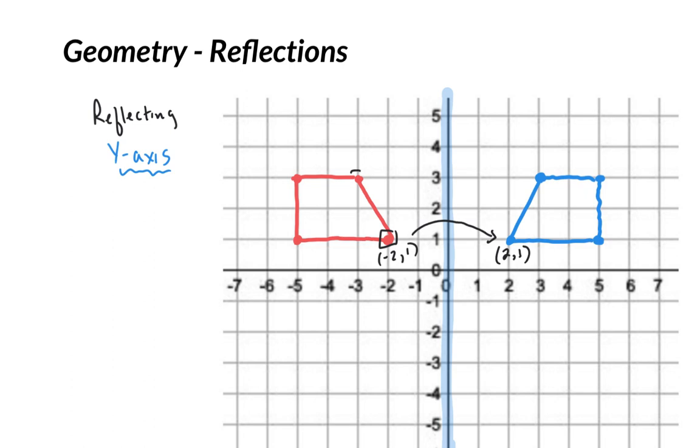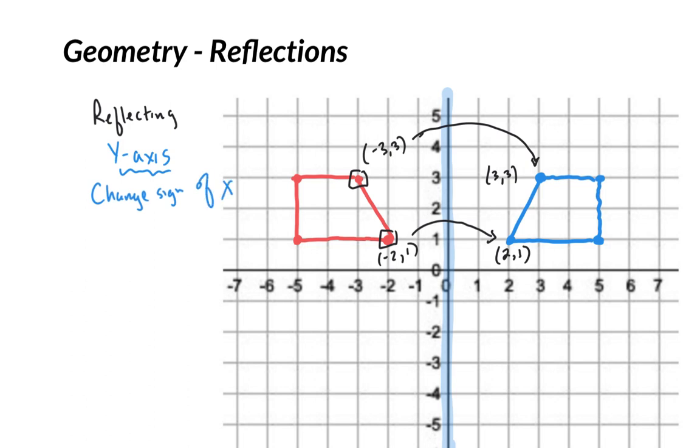This point right here was -3, 3, and the reflected point was +3, 3. So to reflect across the y-axis, we just changed the sign of the x. And that's it.